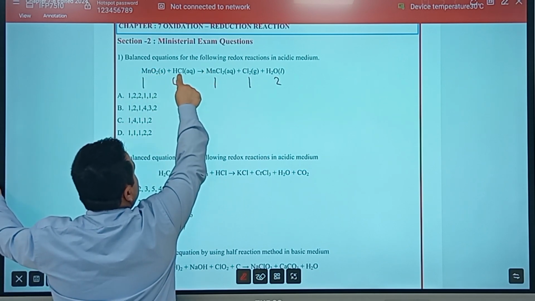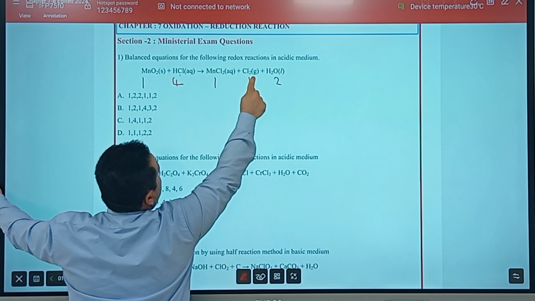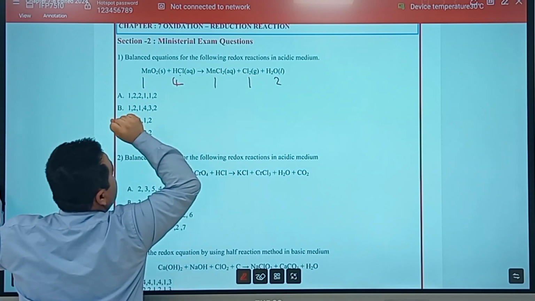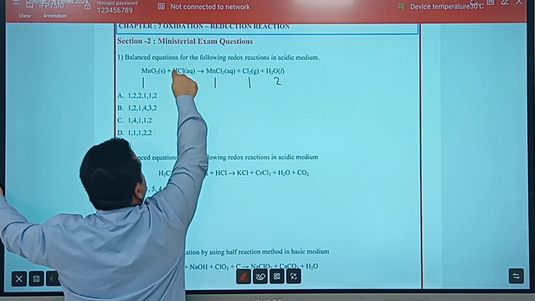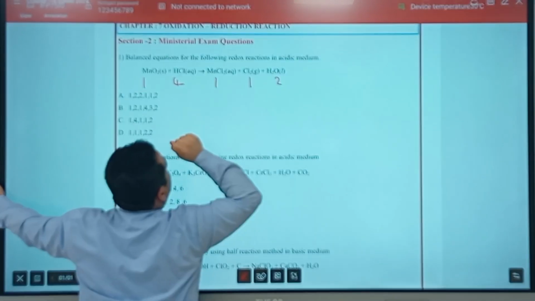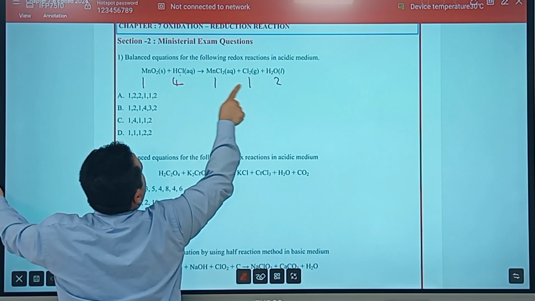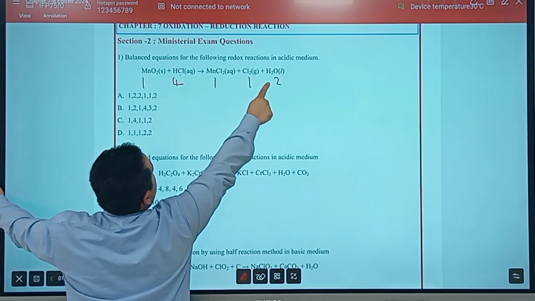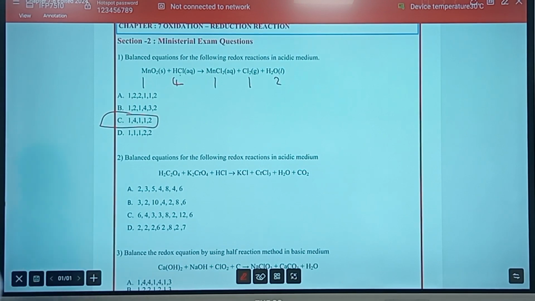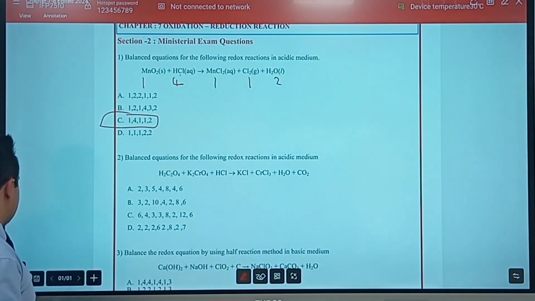How many Cl? 4 Cl. Here we have got 2 Cl plus 2 Cl, 4 Cl. How many hydrogen? 2 multiplied by 2, 4 hydrogen. Oxygen, here we have got 2. So C is the correct set of coefficients which we have used to balance the equation.